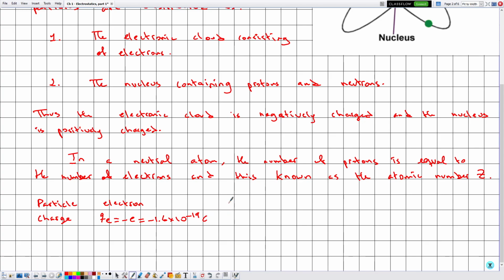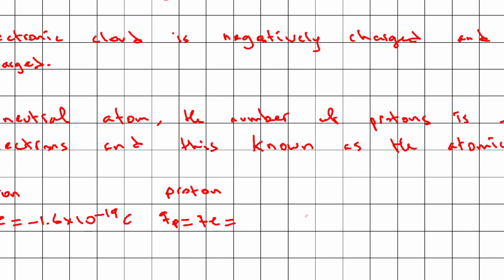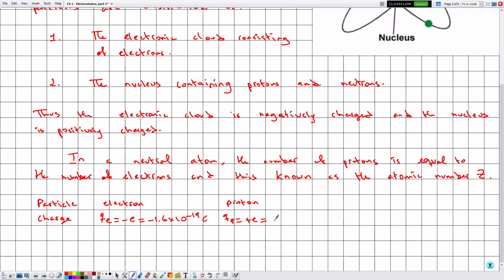As for the proton, it has a charge equal to plus the elementary charge. The plus or positive sign is not important at this level. This is equal to 1.6 times 10 to the power minus 19 coulombs.